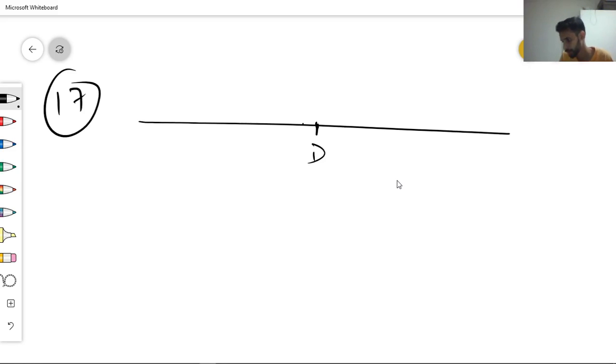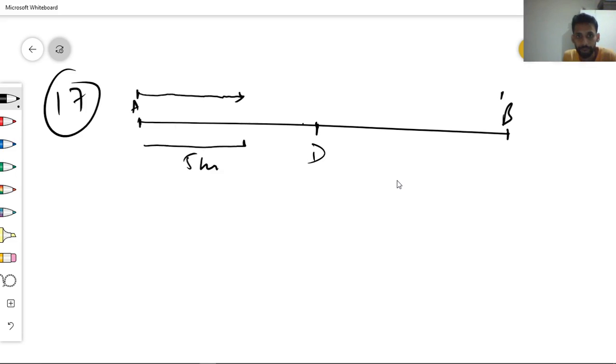Two cars leave, so here is car A, here is car B. They leave in opposite directions. So let us consider B has a higher speed. If A and B both start, after 5 hours A will be traveling here and B will be traveling somewhere greater than this in 5 hours, because the speed of B is more.